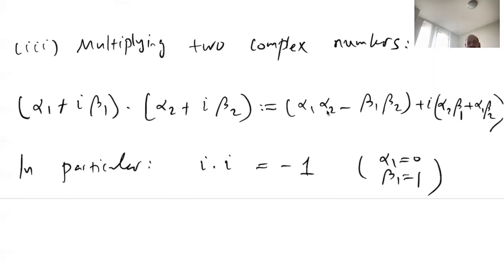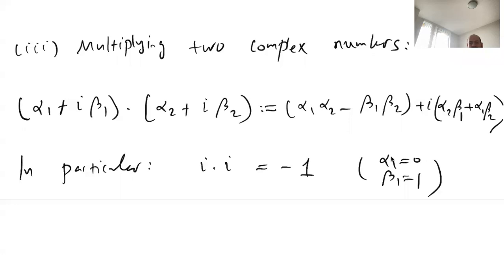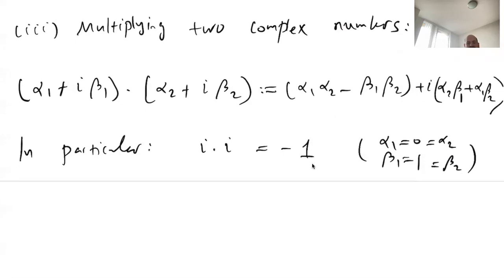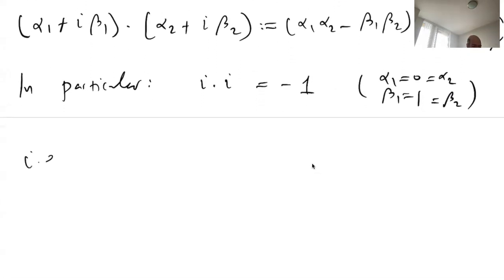If I replace alpha 1 with 0, beta 1 with 1, and same for alpha 2 and beta 2, then alpha 1 alpha 2 will be 0, minus beta 1 beta 2 will be minus 1. This term will be 0, this term will also be 0. The answer will be minus 1. And this means that I squared is minus 1.